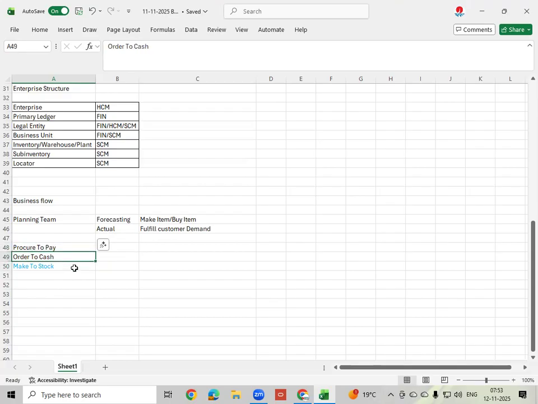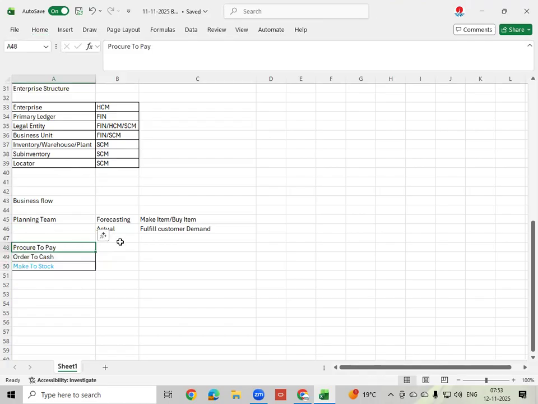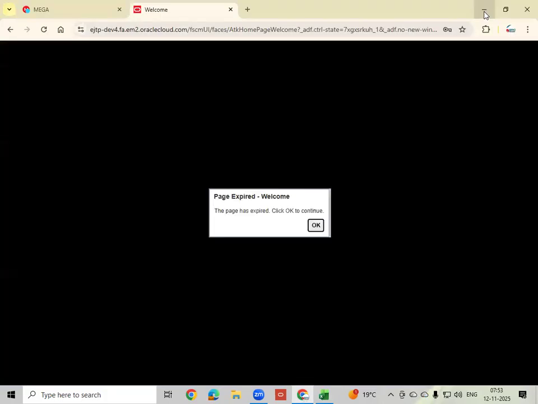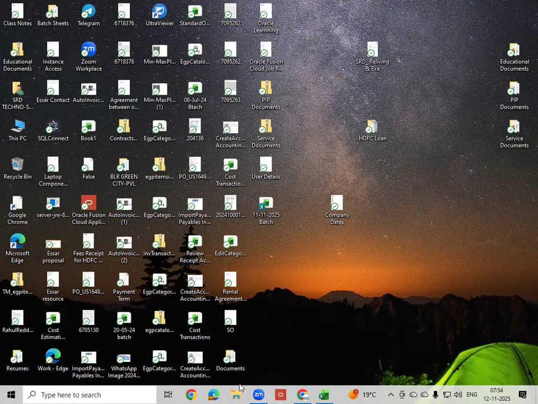If it is a manufacturing unit, they will follow all three. In procure to pay, they place the order, send it to the supplier, and the supplier supplies the stock. Just give me a moment, I'll open those cycles also for quick understanding, at a high level, not a detailed level. Why is it not opening?